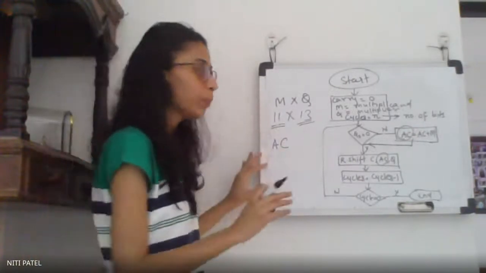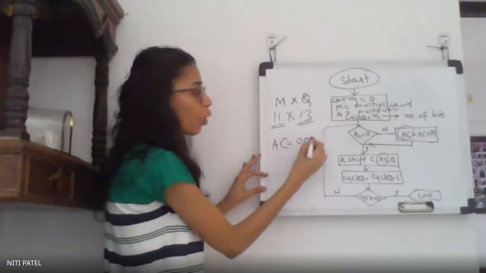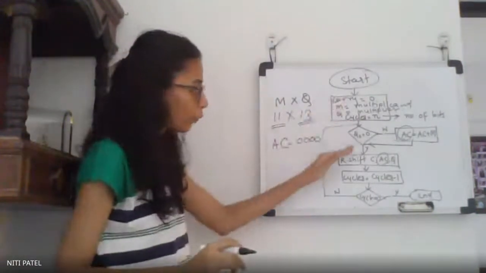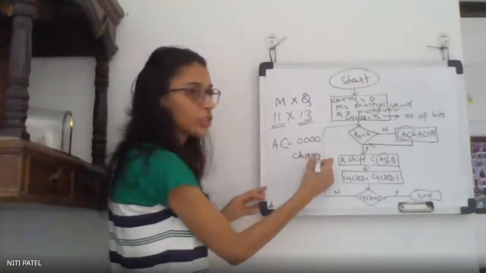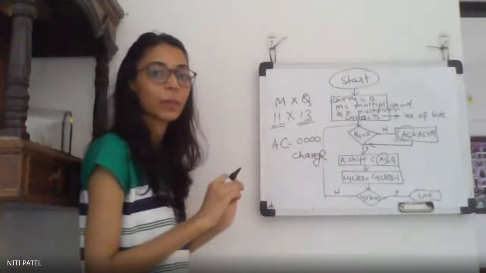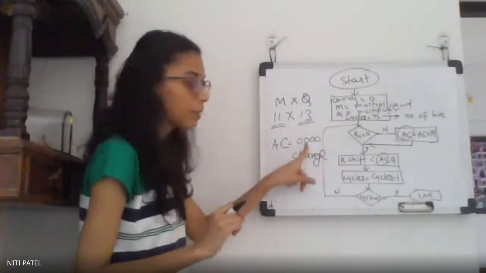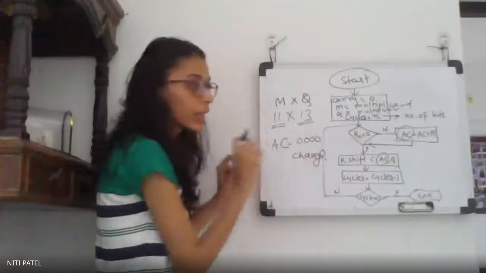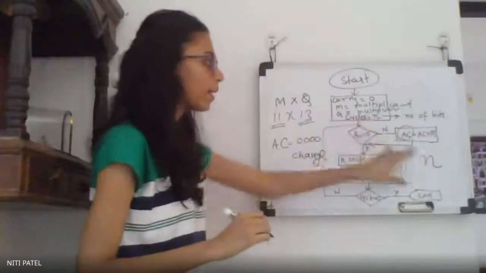Initially, before I start this operation, my accumulator is 0. As I perform my multiplication, the value of the accumulator will keep on changing, but when I start, it will always be 0. The number of zeros depends on n.